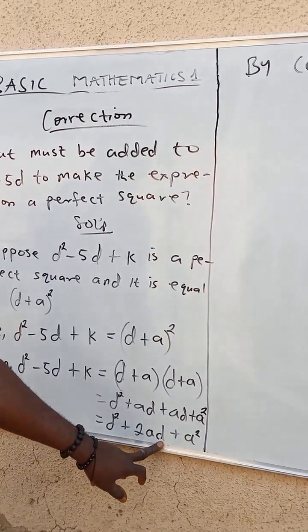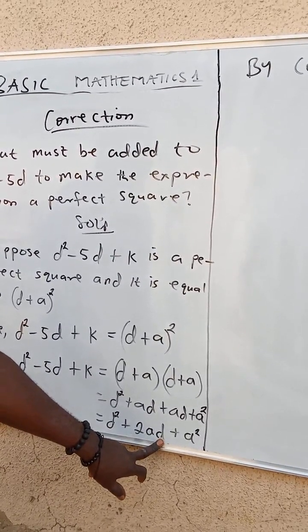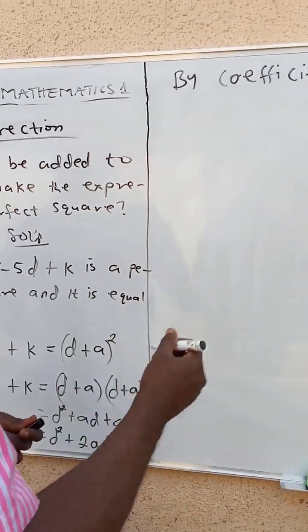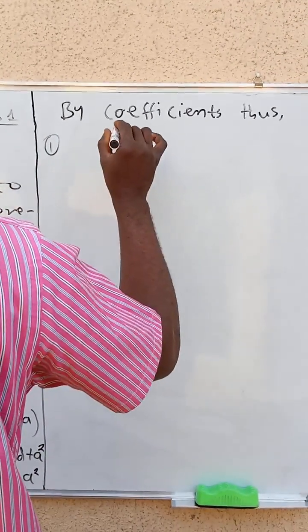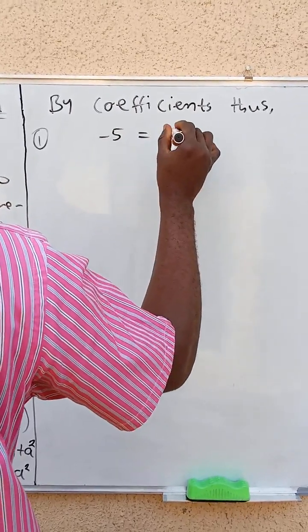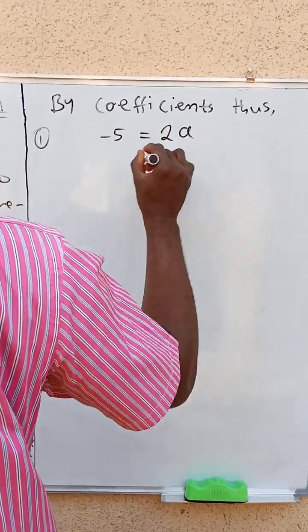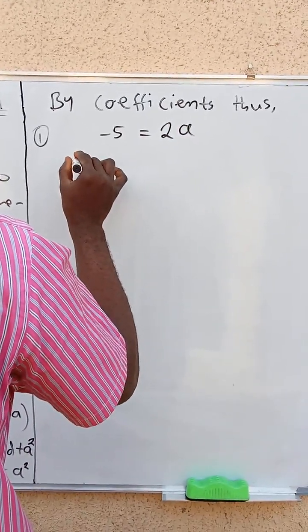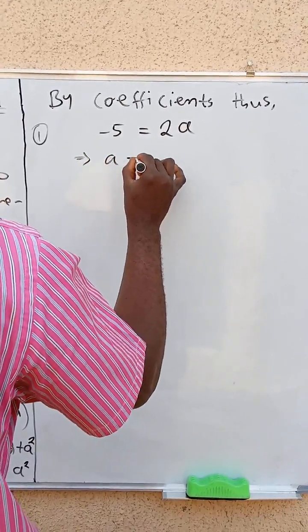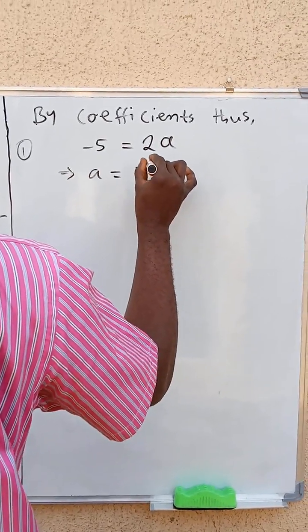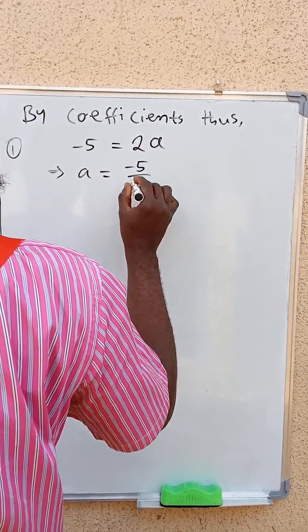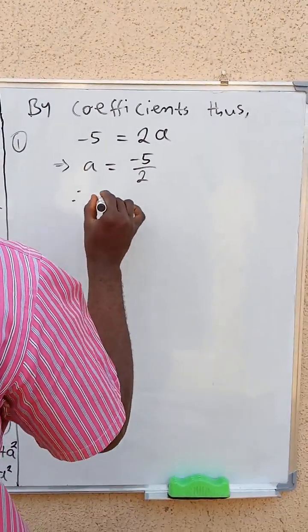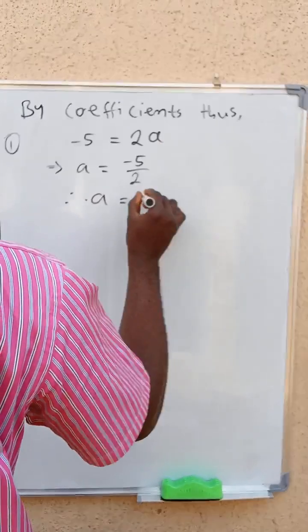The coefficient of d on the right hand side is 2a. So I can compare that. Minus 5 is equal to 2a, and this implies that a is equal to minus 5 over 2.